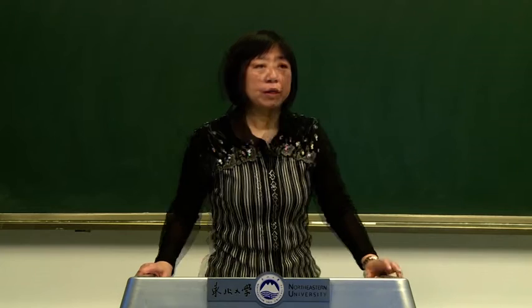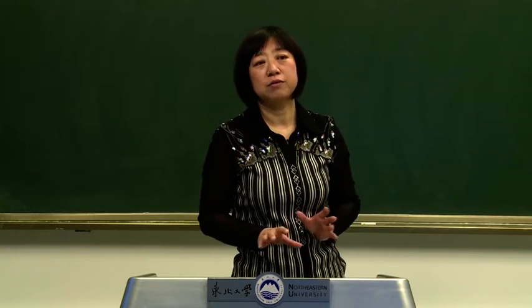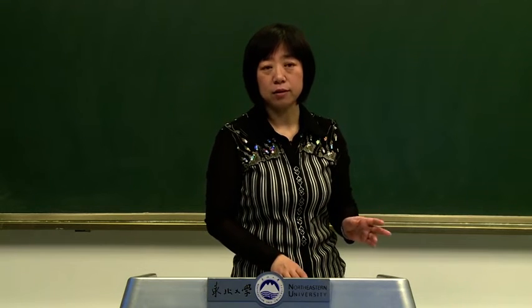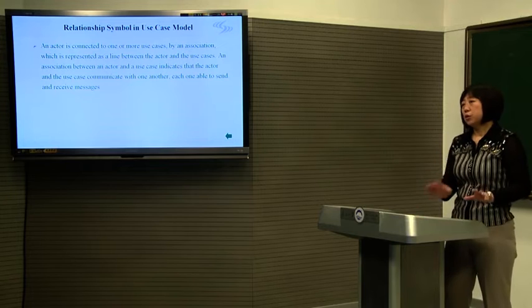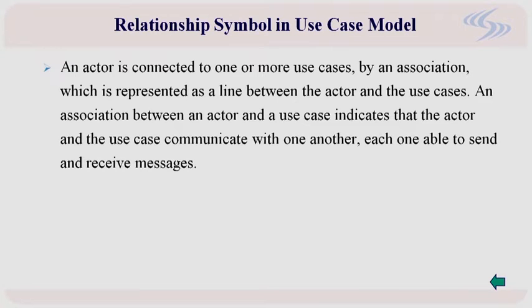We find that a use case is certain to interact with the actors, to communicate a dialogue with actors. Well, so in our use case diagram, it is certain to determine the relationship between use cases and actors, right?